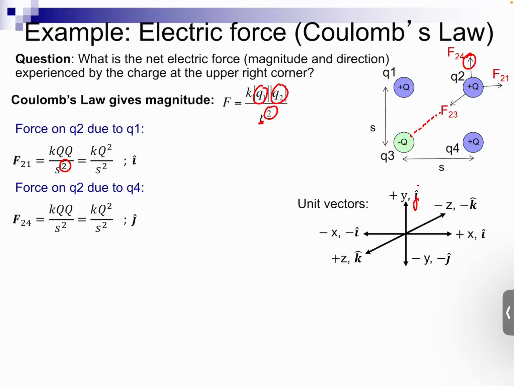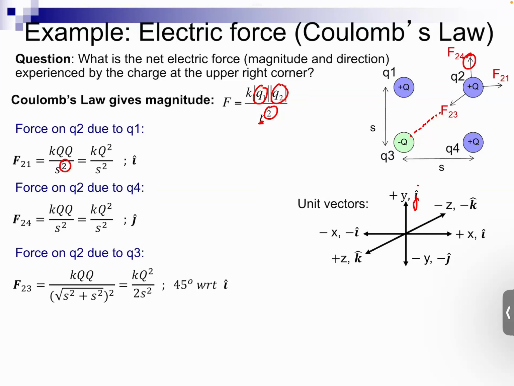When you calculate the magnitude, we are again just looking at Coulomb's law, K times the charges multiplied together, so that's still K times Q times Q. It is really important to disregard the sign of the charge when you're using Coulomb's law, because the sign comes into the direction that you've determined. So when I calculate Coulomb's law, I did not include the negative for the charge of Q3.